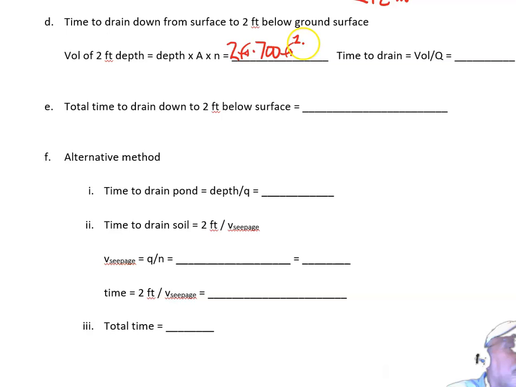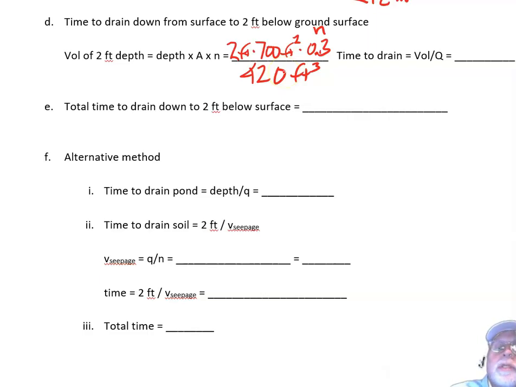The area of it is 700 square feet, and then the porosity of 0.3. So the void area, the space available for the water, is the 2 feet of depth times the 700 square foot area times the porosity of 0.3, and that gives me 420 cubic feet.